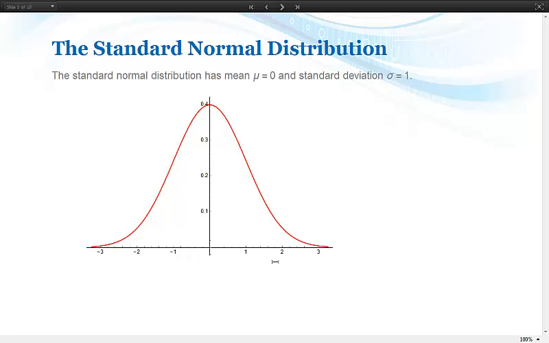That corresponds to about 95% of the curve. And then notice when I go out to 3 standard deviations and minus 3 standard deviations, I get almost all the curve, almost all the area, about 99.7%, as we saw when we learned the empirical rule. And this is actually, it's the normal curve that actually gives us the empirical rule, as we'll see when we work with it.